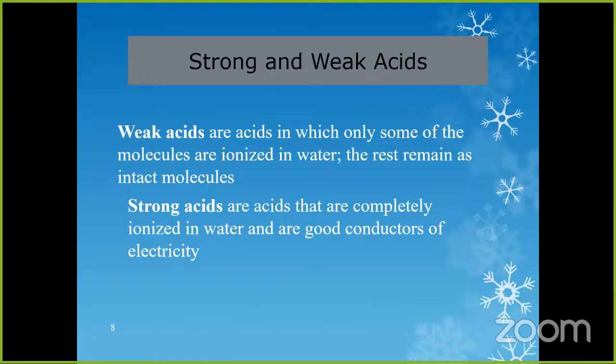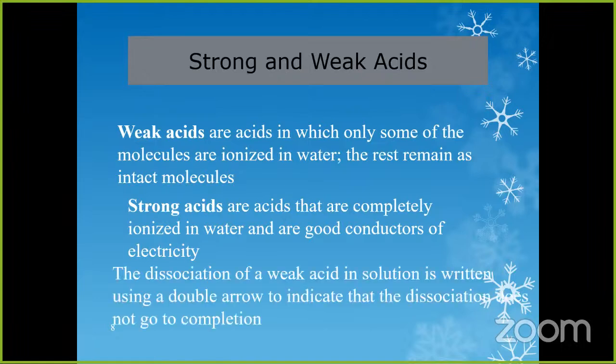We saw an example of that earlier in the case of acetic acid. Strong acids undergo complete dissociation, and as a result, strong acids are very good conductors of electricity, while weak acids are not. So weak acids are also weak electrolytes, and strong acids are strong electrolytes.